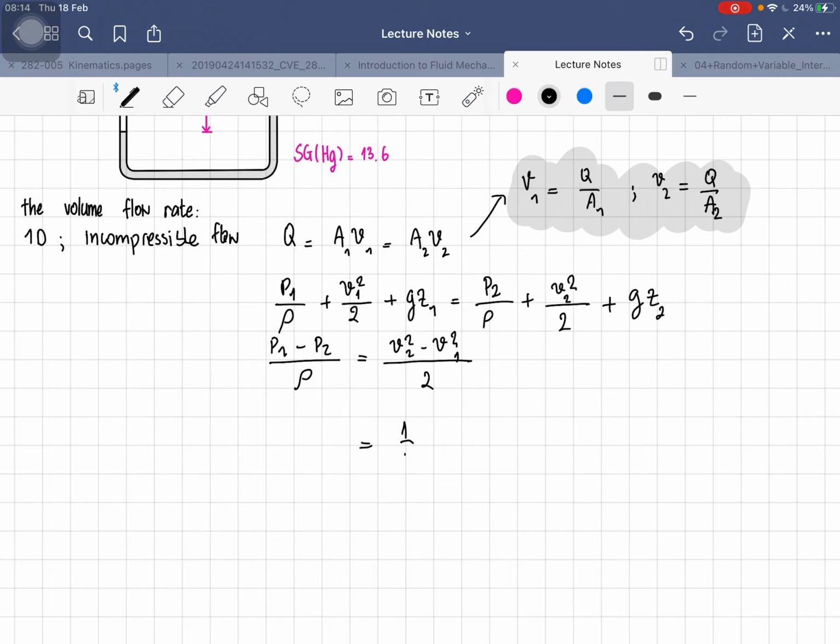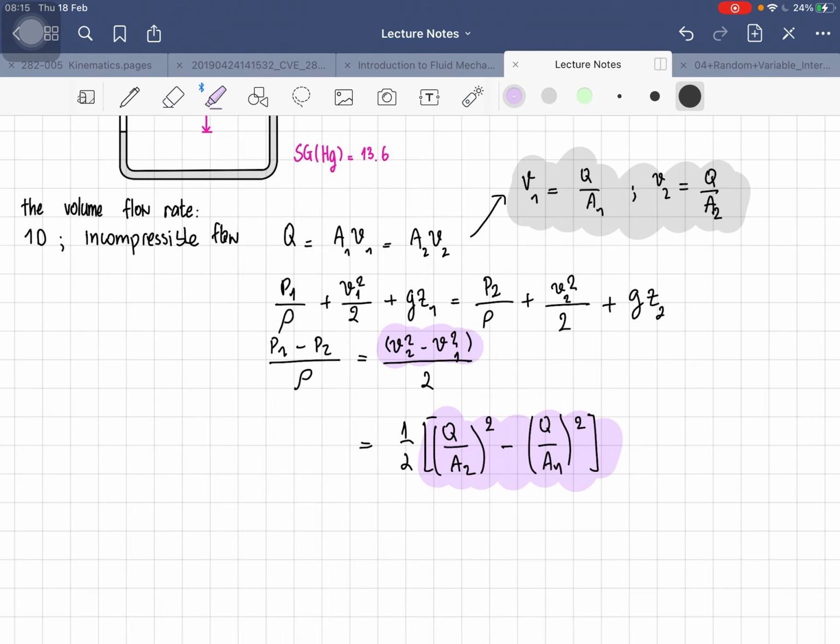So it would be 1 over 2, times Q over A2 all squared, minus Q over A1 squared, with everything in the bracket, because it always belongs to this part. As you can see, this part here is this part here. Then we have the pressure.